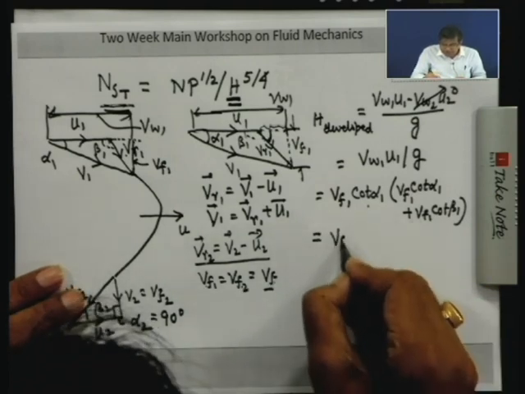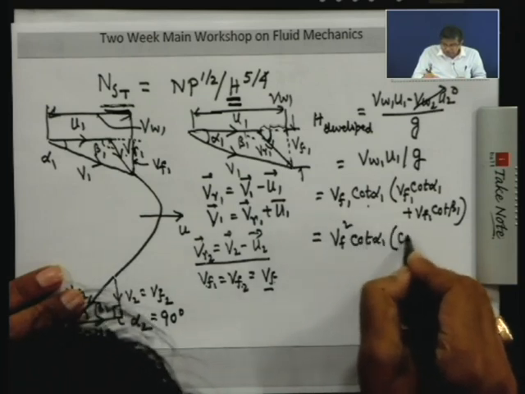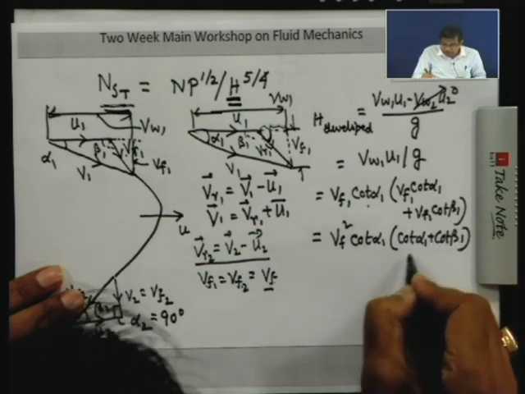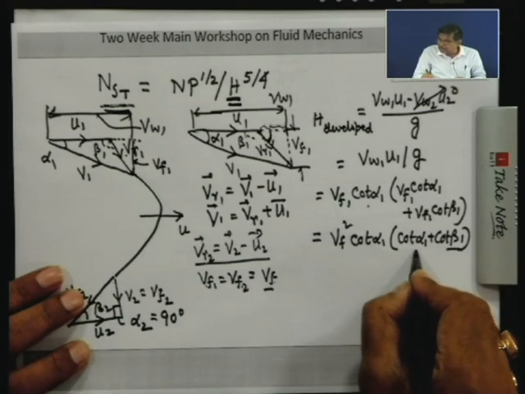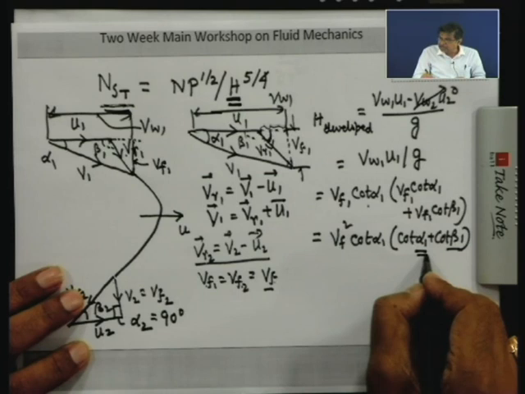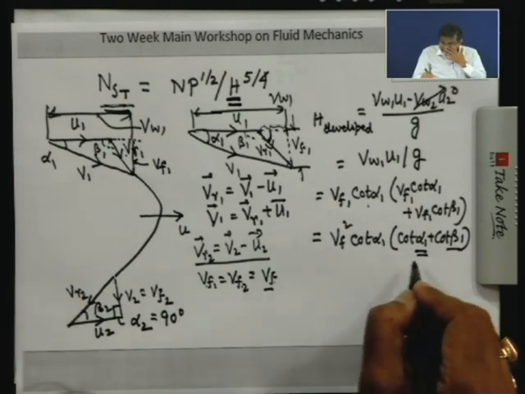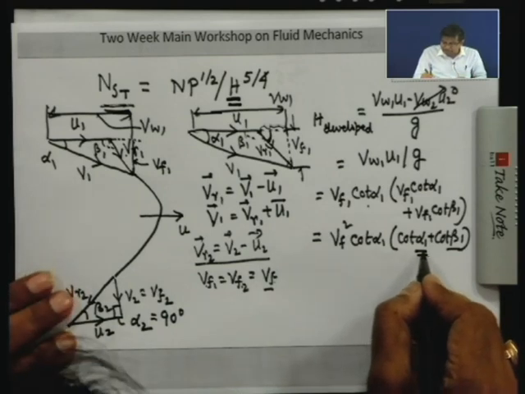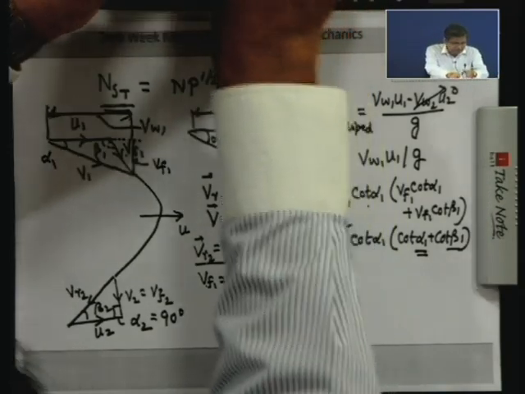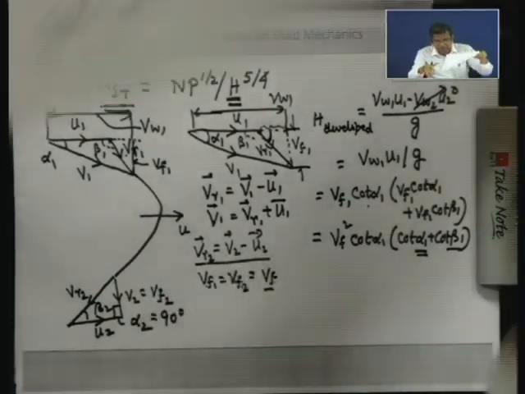So, simply I write Vf square cot alpha 1 into cot alpha 1 plus cot beta 1, this is the convention, that means in terms of the blade angle and the inlet velocity angle. This angle is the outlet angle of the guide vanes, because the purpose of the guide vanes or wicket gate is to convert the pressure energy into kinetic energy and to guide the water correctly into the runner.